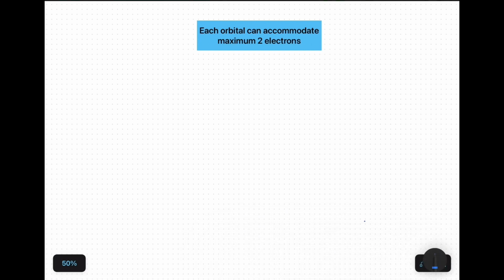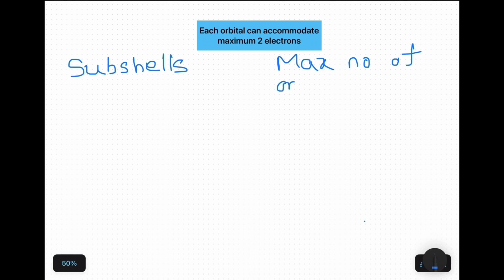On the left hand side I wrote the subcells, and on the right hand side the maximum number of orbitals. So friends, as we discussed, the maximum number of electrons for subcell S is 2, and each orbital can hold 2 electrons, right? So the number of orbitals will be 1.